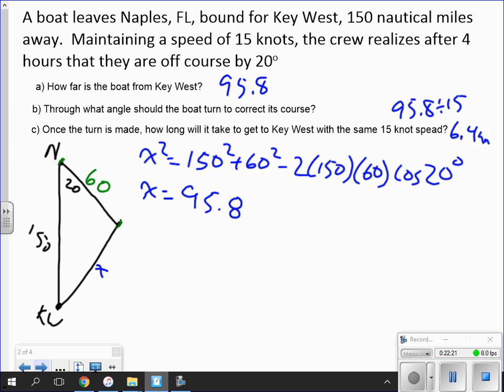So if they had been going 15 knots the whole way, it would have taken them 10 hours. Now they're going 6 plus 4. It's going to take them an extra 20 minutes or so. That's not that bad.